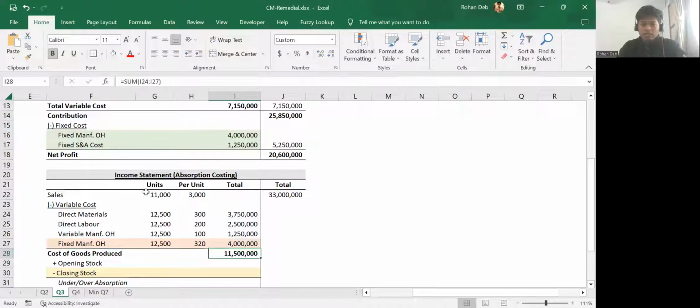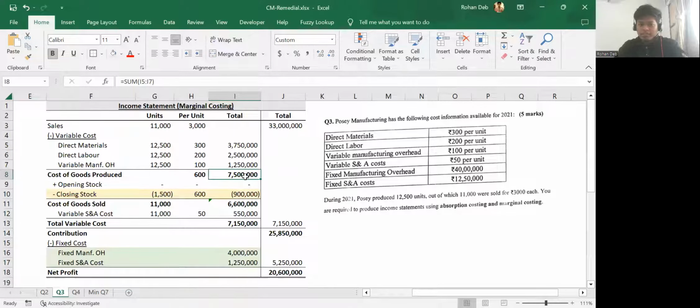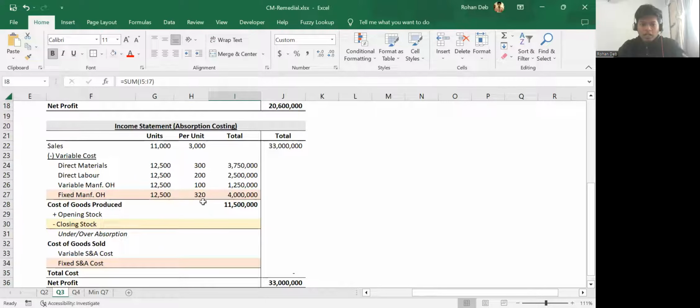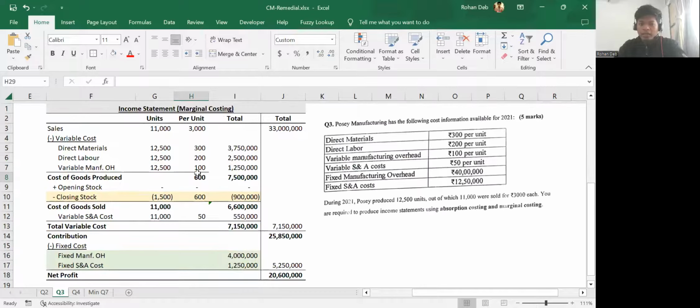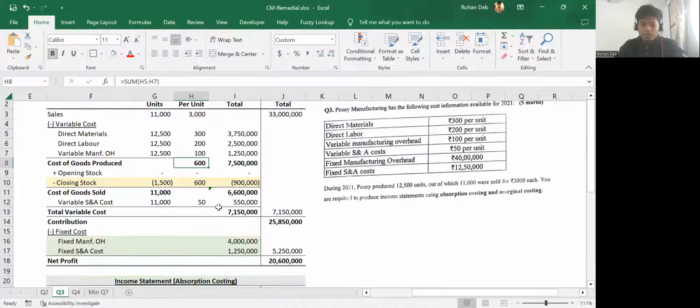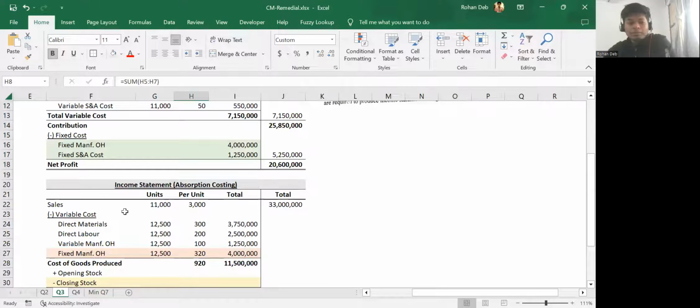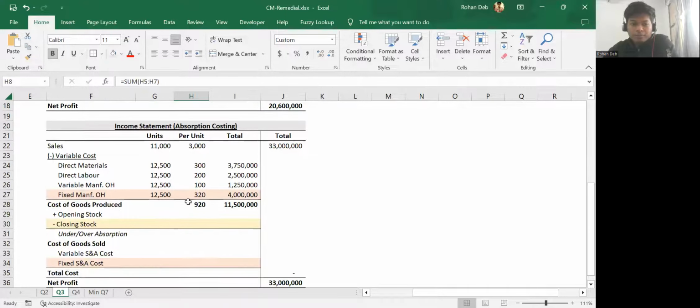So here you see the total cost of goods produced will be 11.5 million compared to 7.5 million over here, because the 4 million of fixed I had not taken. However, you can see that the cost per unit goes to 920 instead of 600, because I am adding 320 rupees per unit of fixed manufacturing overhead.